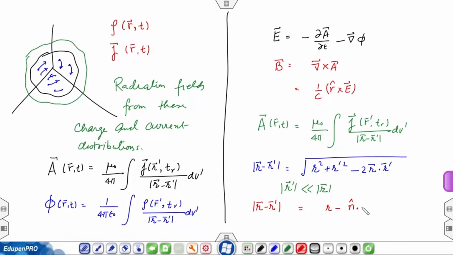mod r minus r prime as r minus n dot r prime, where n I am writing for the radial vector r, so that we can distinguish it easily. Otherwise, you keep writing r and r prime again and again, one gets a little confused. So, I am writing n for r, n for the normal vector.